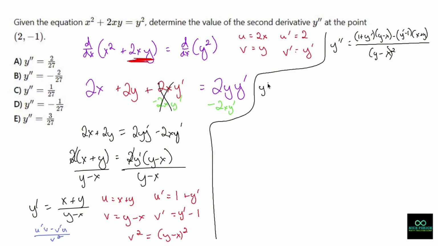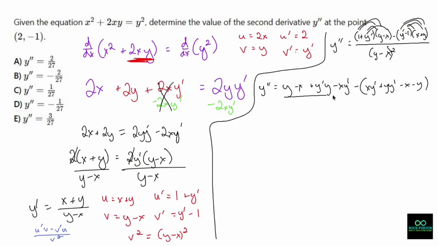Let's simplify that. Y double prime, let's do some foiling, is going to be 1 times y is y minus x plus y prime y minus xy prime, minus parentheses, gross, xy prime plus yy prime minus x minus y.